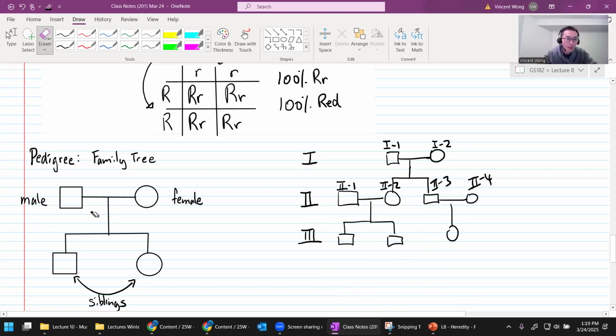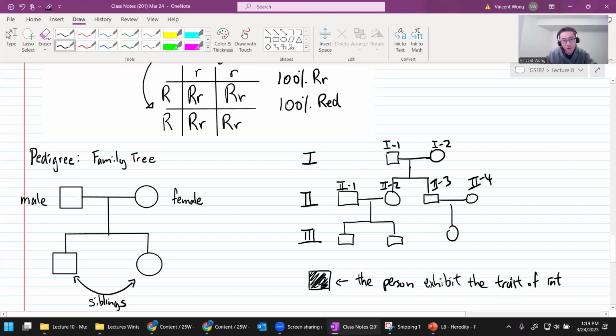If they are open circle and open square, not filled in, then they do not exhibit the trait we are looking at. If we have a square that's shaded in, then this means the person has, exhibits, the trait of interest, whatever the trait is.